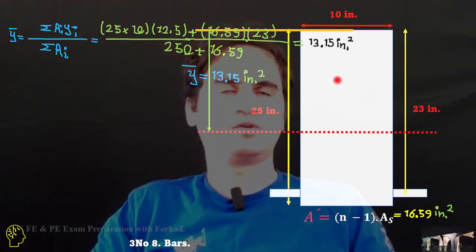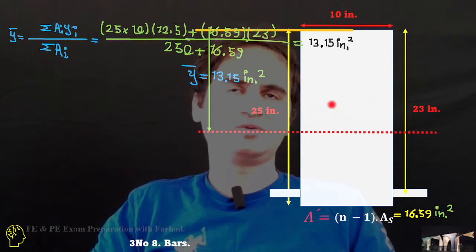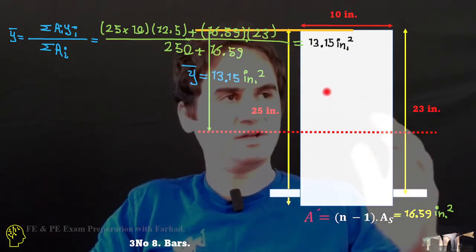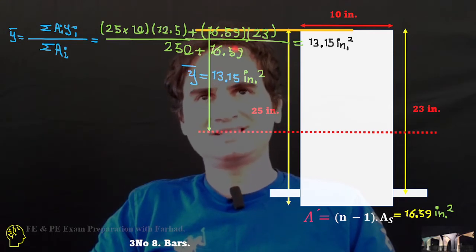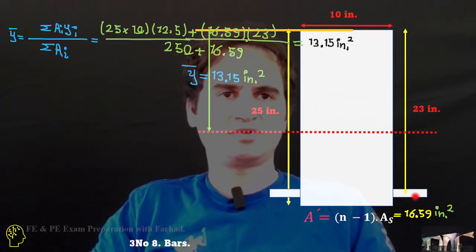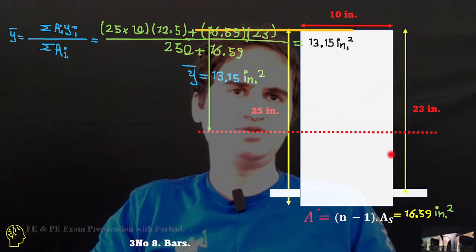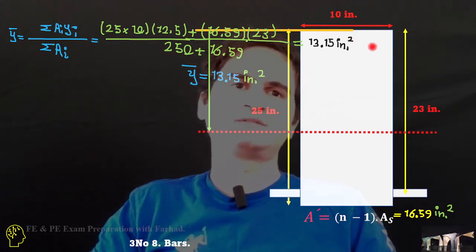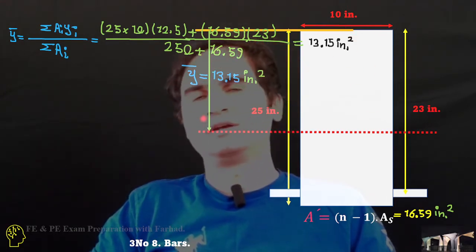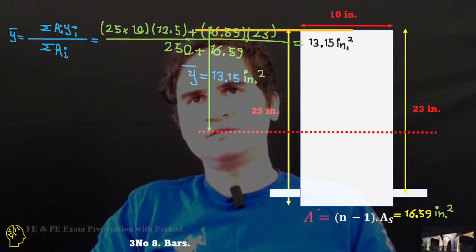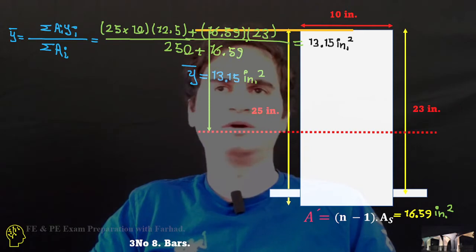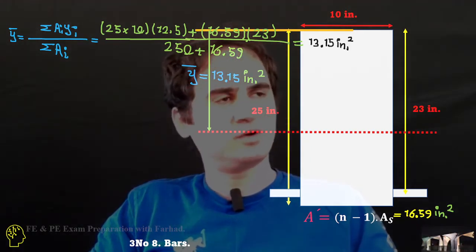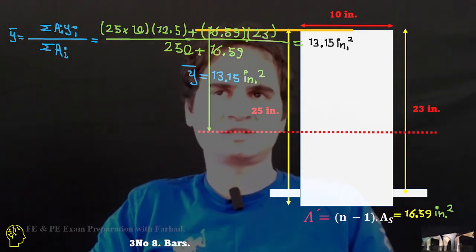The centroid of the first part is half of the height of 25, plus 16.59 times 23, the centroid of the equivalent section from the top, all over the area. That gives y bar equal to 13.15 inches, the centroid of the entire cross section.